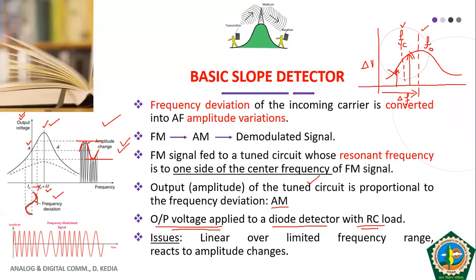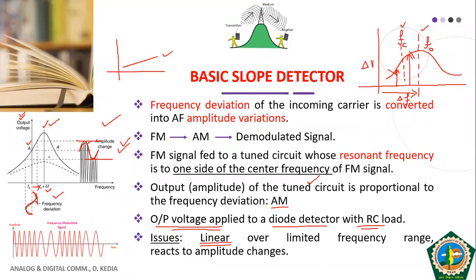And students, let me tell you one point here. Though it is very simple and its name is basic slope detector, there are certain issues. One is linearity. I told you in the previous slide also. We all know that whenever we say my curve is linear, it means it follows a straight line path.